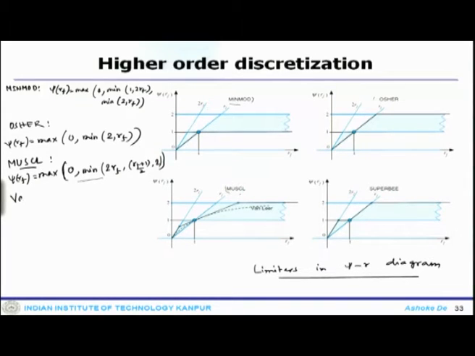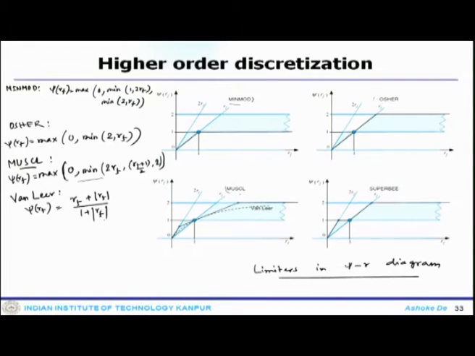So, the Van Leer limiter is a very popular limiter in high speed flows or the compressible formulations.